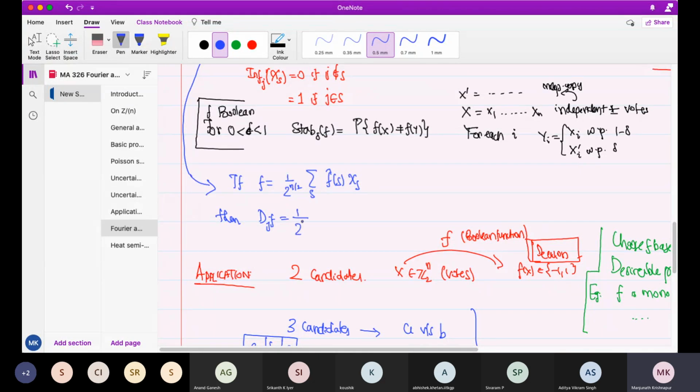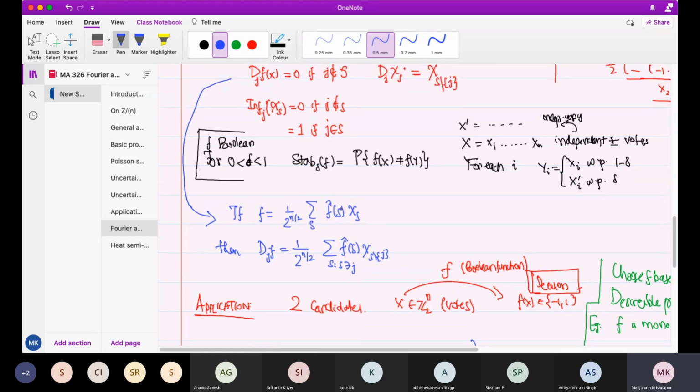So it is 1 over 2 to the n by 2, sum over s, but only those s that contain j, because otherwise this will become 0, of f hat of s times chi of s minus j. So you can just differentiate like this.